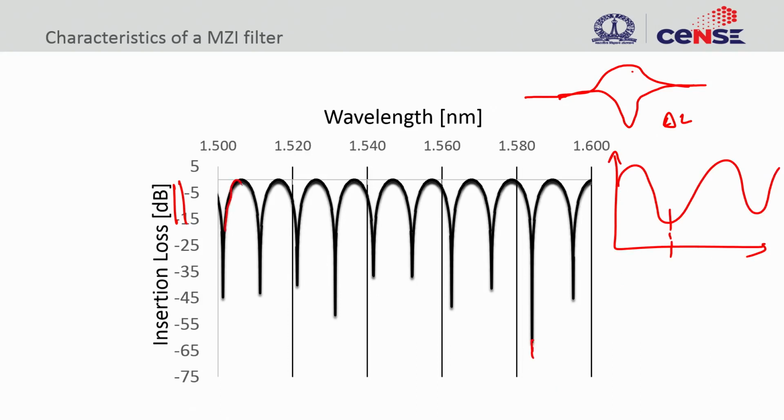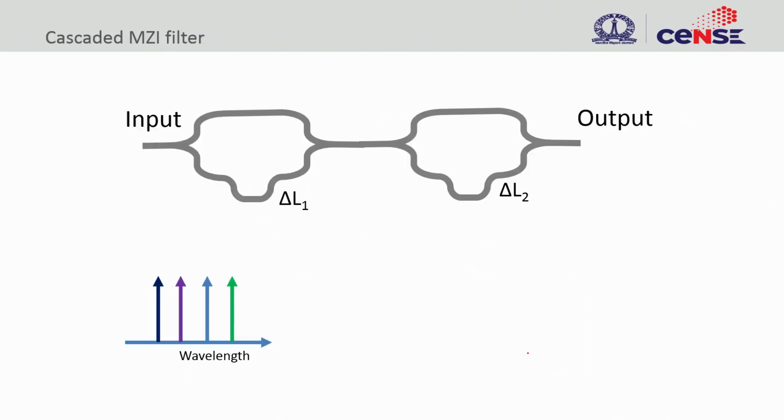So you have now created the insertion loss or transmission as a function of wavelength. These wavelengths enjoy very low insertion loss, while these wavelengths suffer from high insertion loss. Based on this, we can build a cascade of these Mach-Zehnder filters in order to realize a single frequency or single wavelength filter.